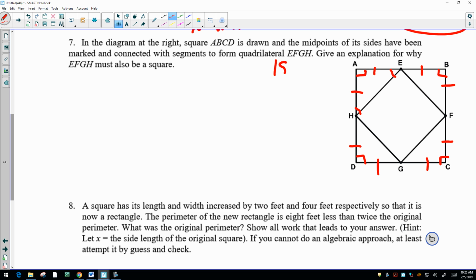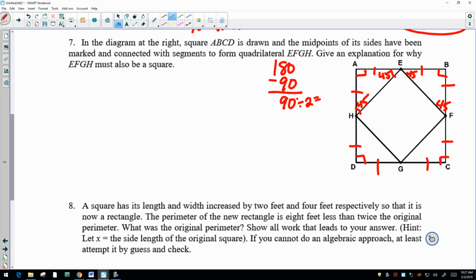So if I know there's 180 and I already know one angle is 90, how much is left over? Okay, but now we just said because it's right isosceles, these 2 angles are equal, and that means each of those have to be 45. So what I found is all of these triangles here, 45, 45, going all the way around. Do you see that? Okay, so now we're going to keep going.